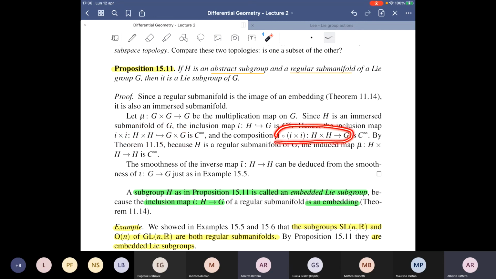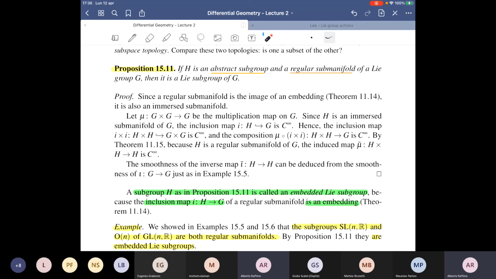This is a smooth map, and now you use that H is a regular submanifold. As you saw last time, since the image of this map is actually inside H, and since H is a regular submanifold, this map induces a smooth map from H cross H to H, and so the multiplication is smooth.